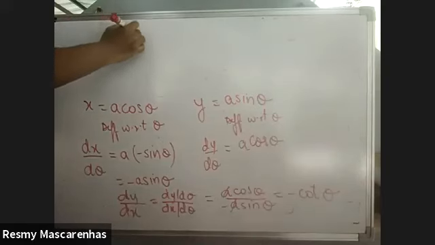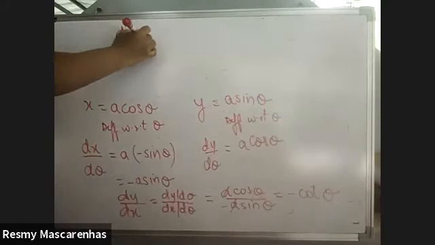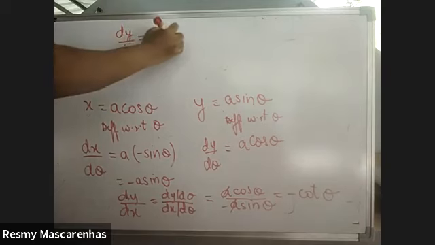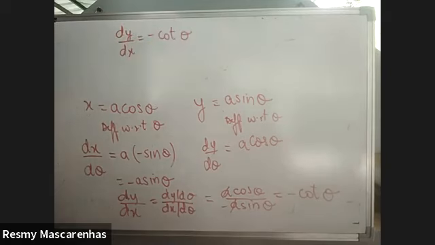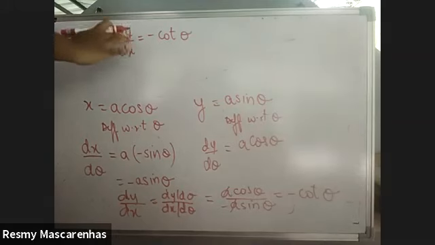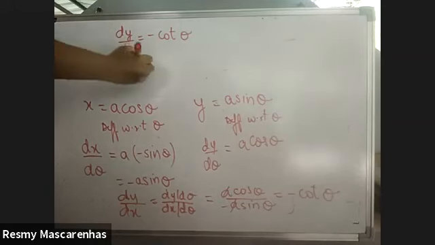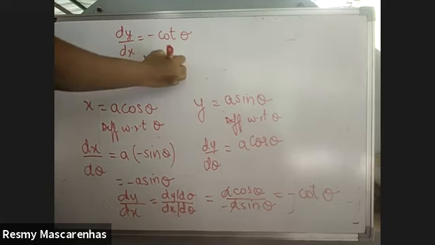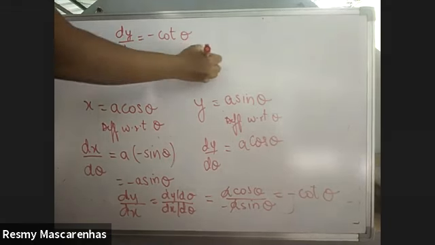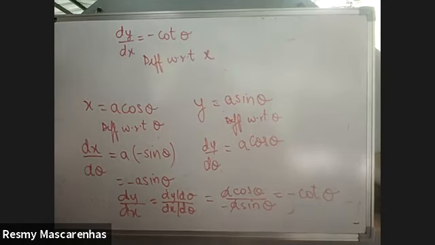Now you have got dy by dx as how much? Minus cot theta was the answer. Now I want d square y upon dx square. So now I told you second step will always be with respect to x, not with respect to theta.